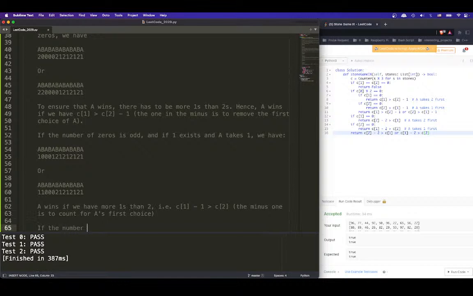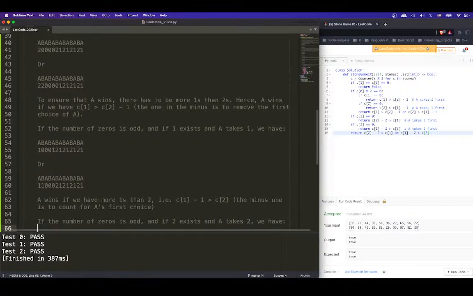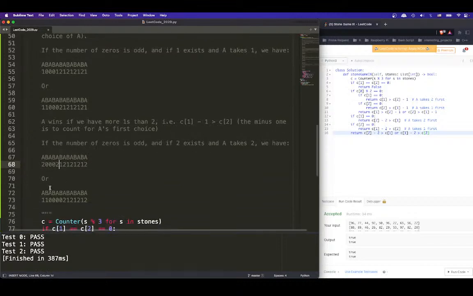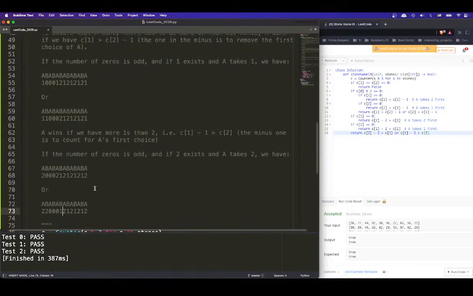If the number of zeros is odd, and if 2 exists and A takes 2, we have, so A takes 2, right, and then we have 3, and then A has to take 2, right? If A takes 2 and B takes 2, then B here has to take 1. So A always takes 2, B always takes 1.